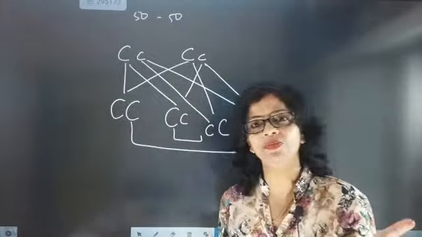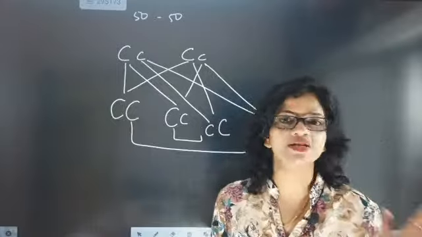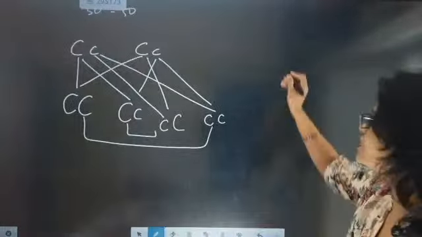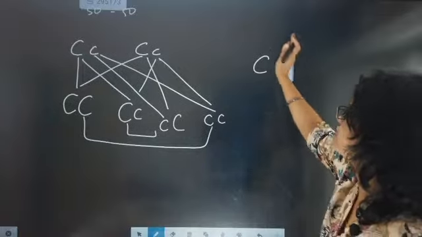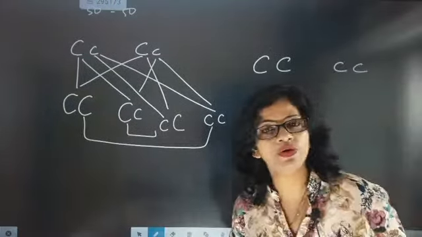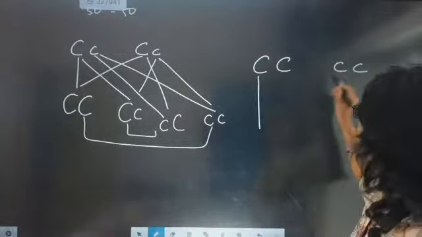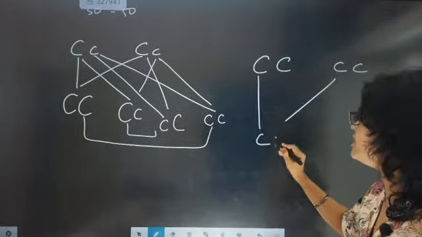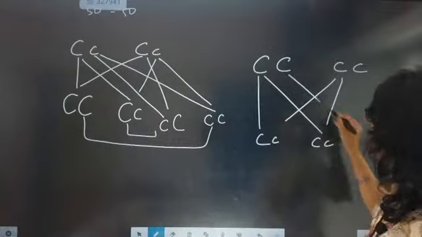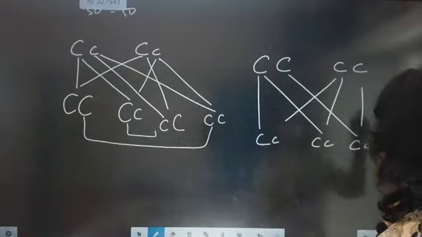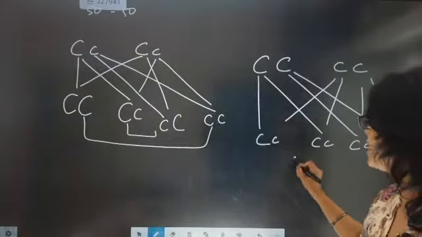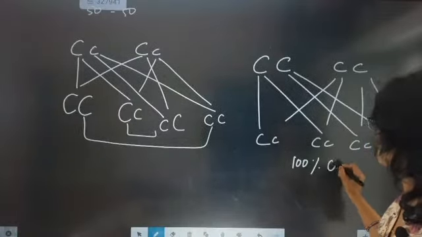If both are homo, then, as Akshaya said, when the father has pure dominant and the mother has pure dominant or pure recessive, you will always see that curly hair is only coming. That is all, 100% curly hair.